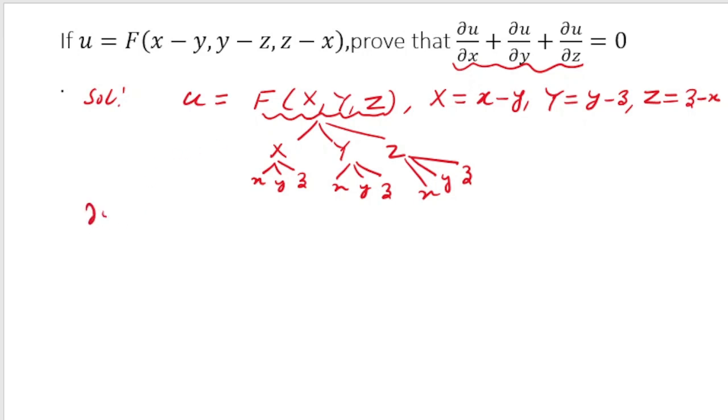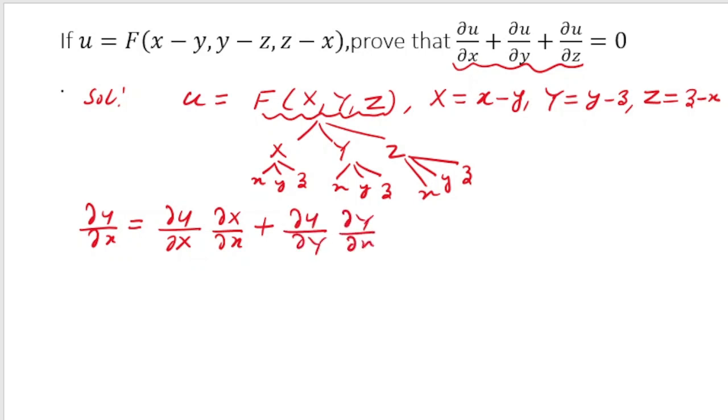So if I have to find del u by del x using the chain rule, I can write it as del u by del capital X, del X by del small x, plus del u by del capital Y, del Y by del x, plus del u by del capital Z, del Z by del x. So this will be equal to what?